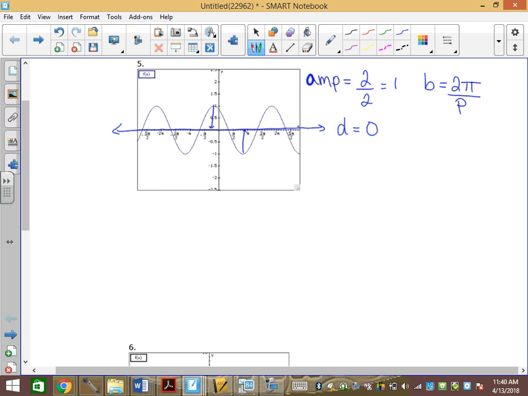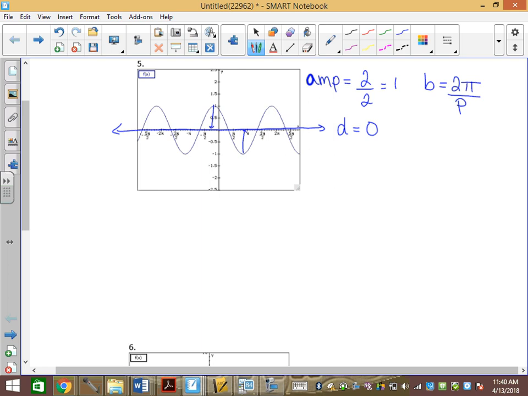Your horizontal stretch. What is the period of your sine and cosine graph always, if it has not been stretched? 2 pi. So if your period is still 2 pi, do you have a horizontal stretch? What would your B always be then? 1. If your period is larger than 2 pi, then you're going to have a smaller B, right? Because the horizontal stretch flips.